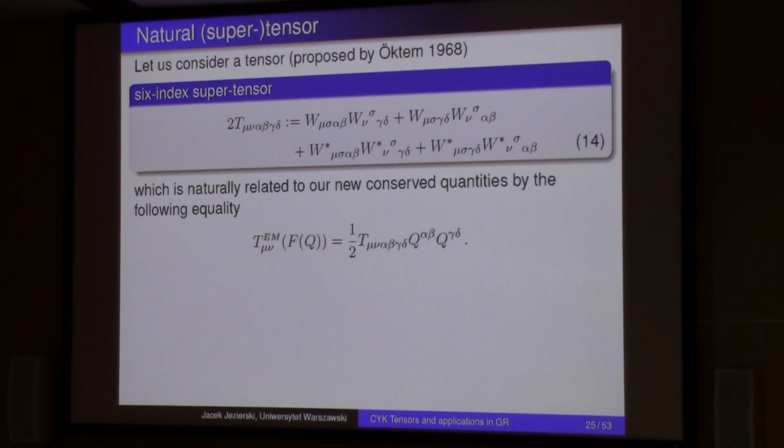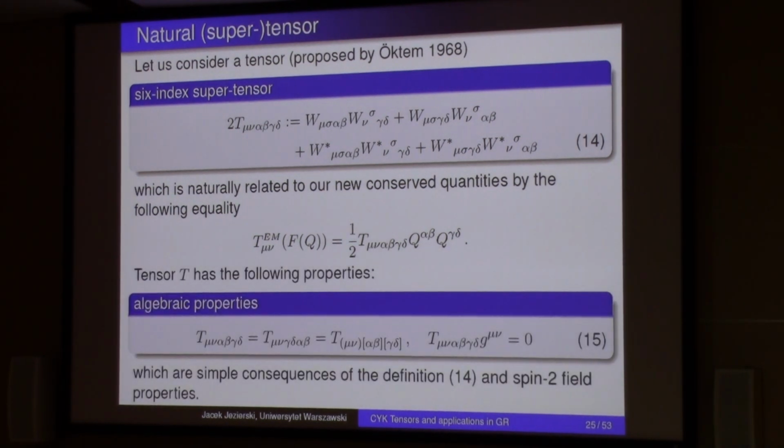So one can build a 6-index tensor, which is upper to the Bel-Robinson. Let me say that there is some quadratic formula in terms of the spin-2 field, which builds some 6-index tensor. It has some properties.